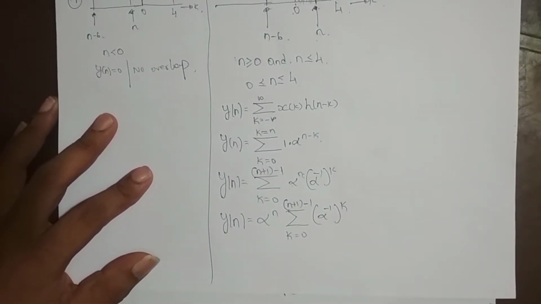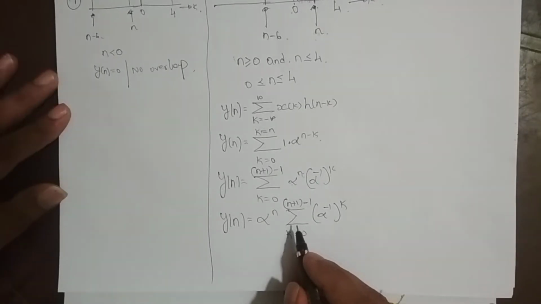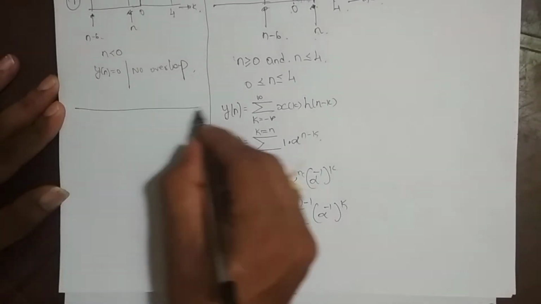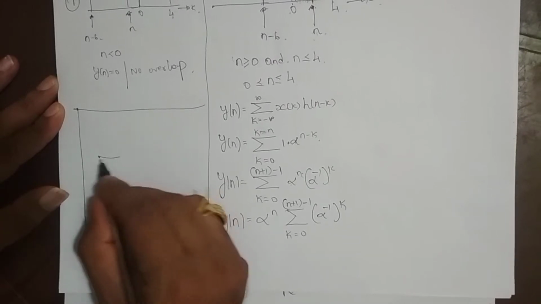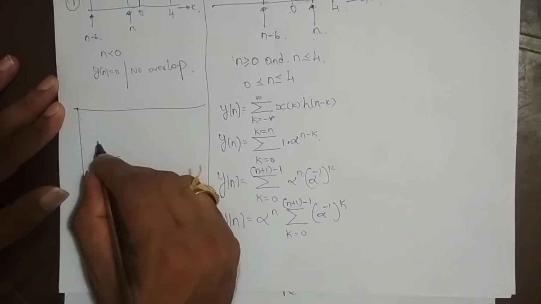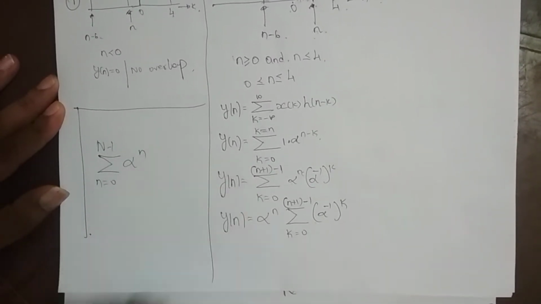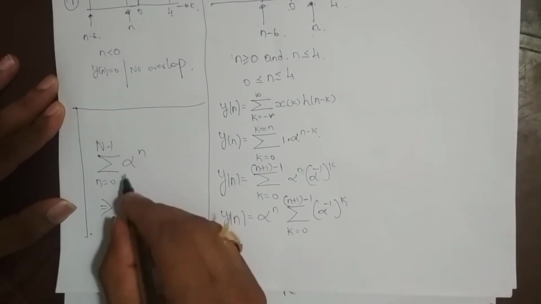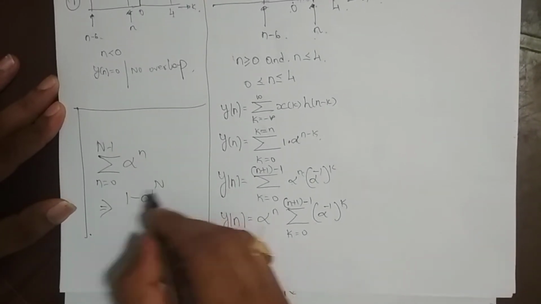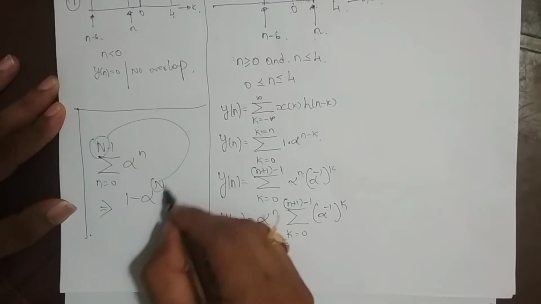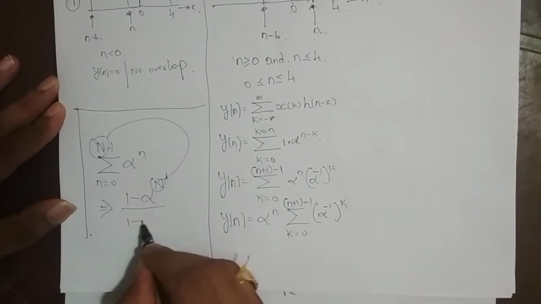Okay, so this is in the standard form of summation n varying from 0 to capital N minus 1 alpha power n, right? So what is the result of this? 1 minus alpha power capital N, this term has to come here, whole divided by 1 minus alpha, right?